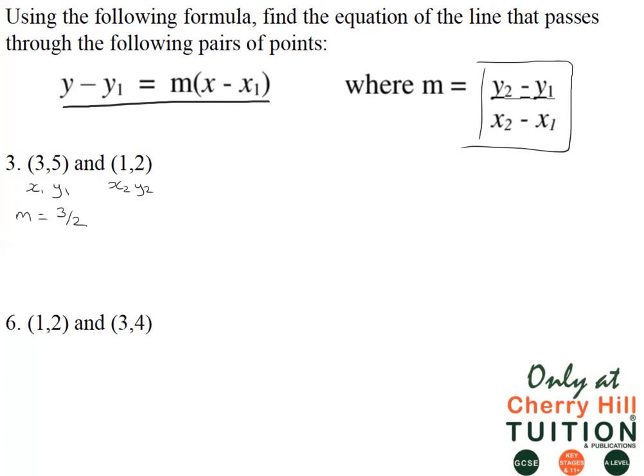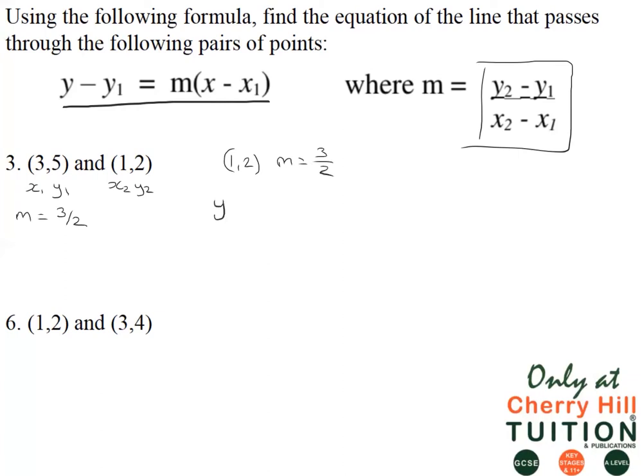Now, using either this point or this point, we can plug into this formula here and work out the equation of the line. So let's use the second point, 1, 2. So 1, 2, and m is 3 over 2.